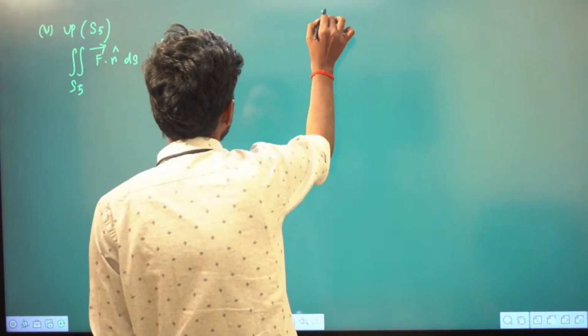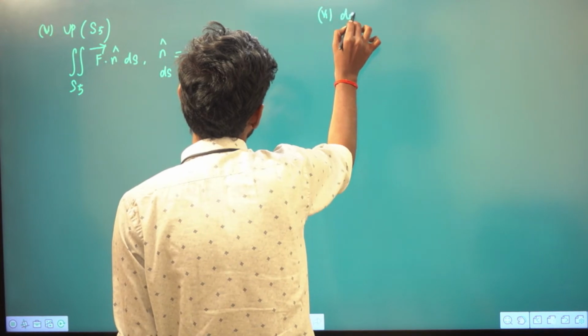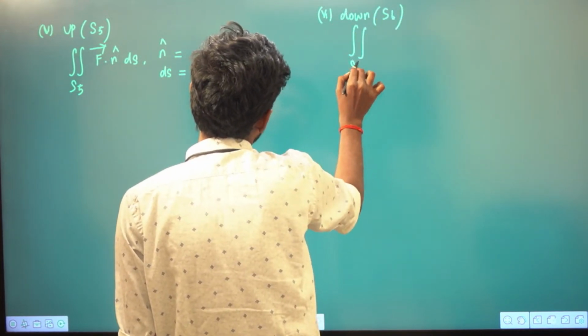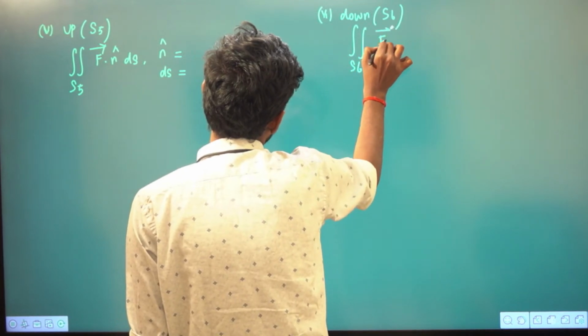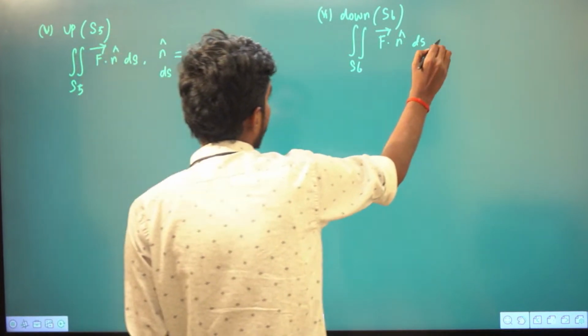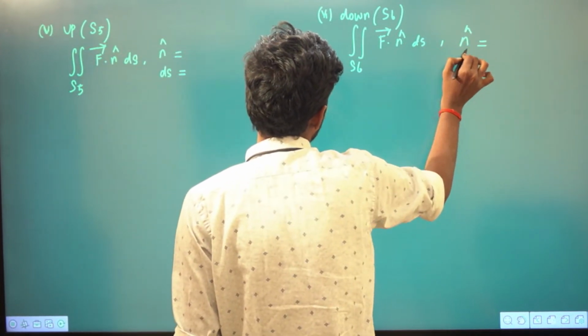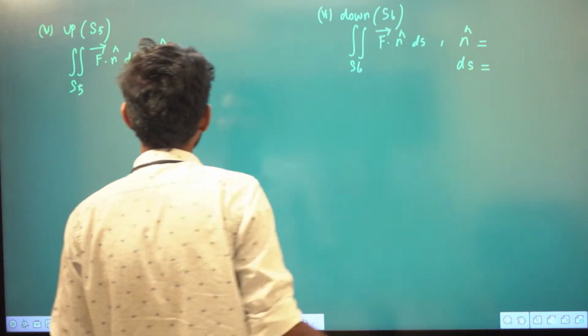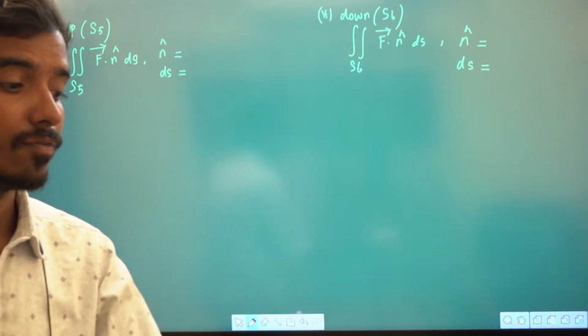And similarly for down, it is S6. We need to find S6 F vector dot n cap ds. Now we will find n cap, we will find ds.